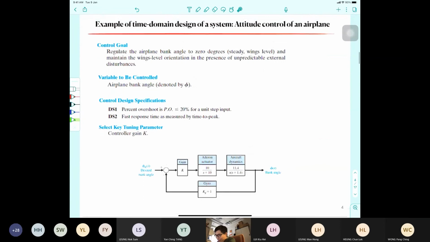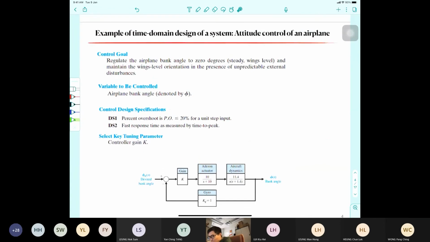Okay, so here we have 4 important specifications. First one, the control goal is to regulate the airplane bank angle to 0 degrees.